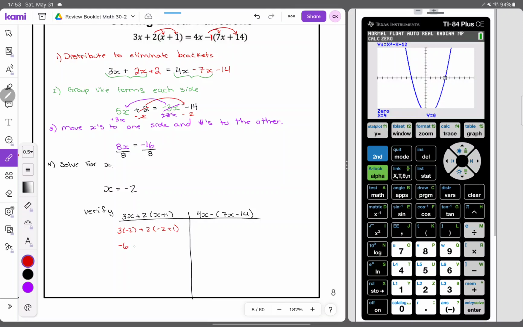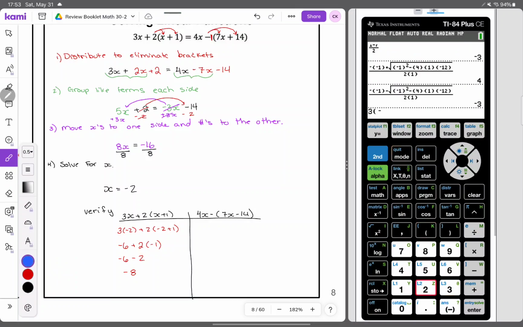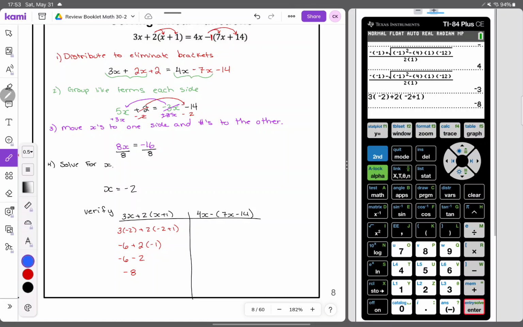Well, that's going to be -6 plus 2 times -1. -6 minus 2. So that's -8 on the left side here. Again, you could just put this into your calculator. But sometimes they'll ask you this in a diploma question.